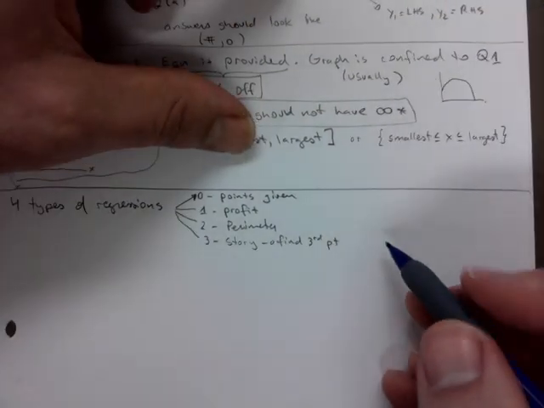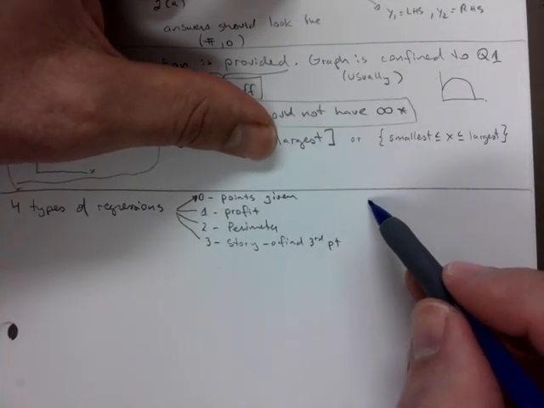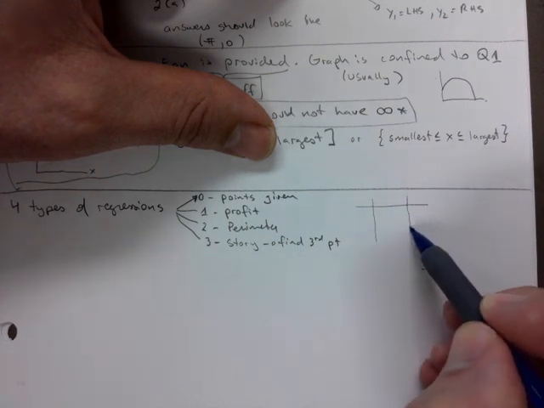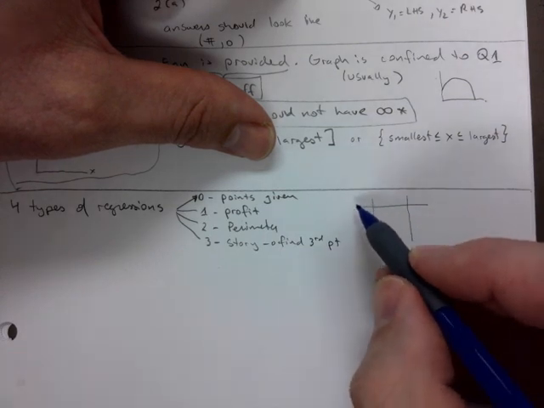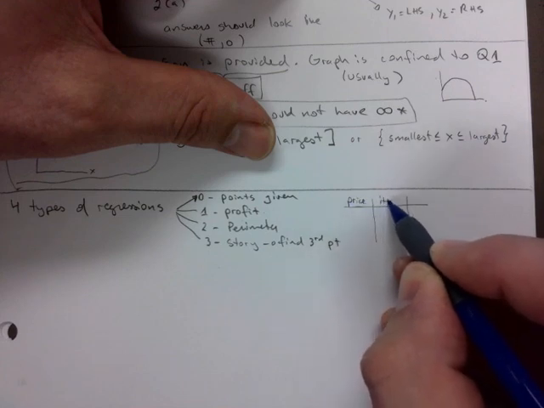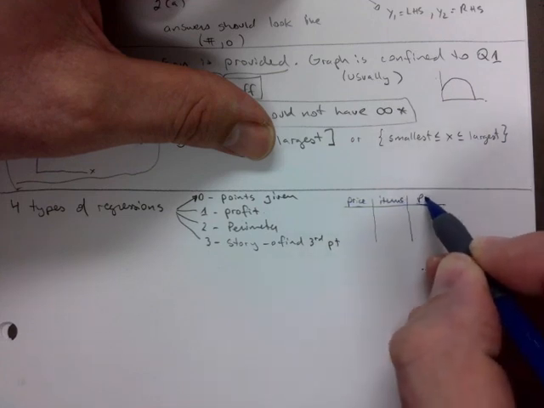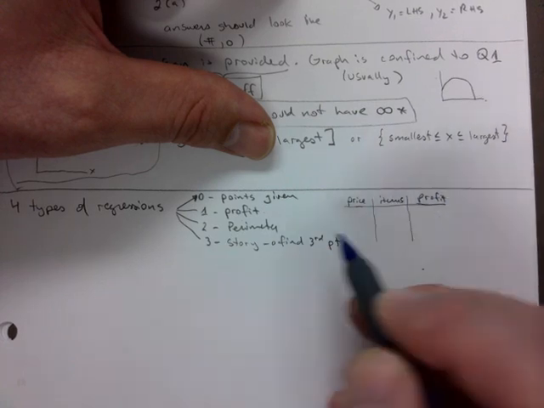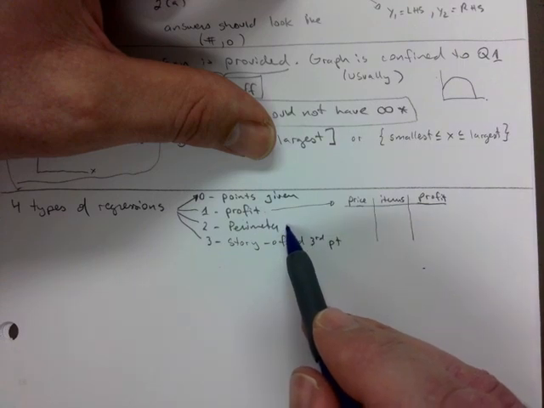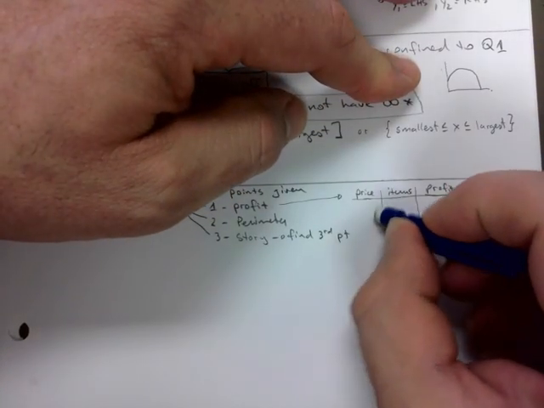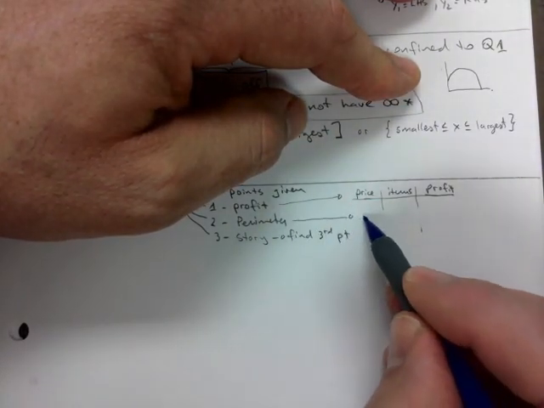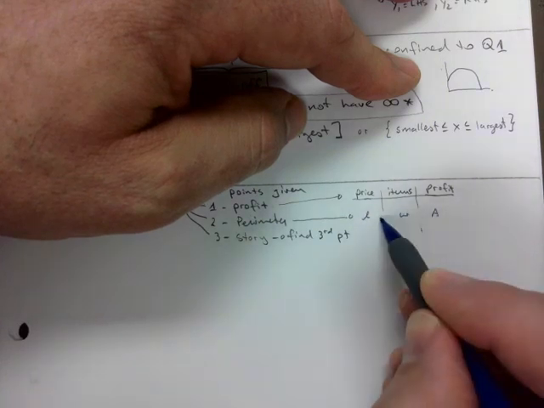Right? Essentially, with all of these, you're going to need some sort of table, right? So when it's profit, it'll be price per item, and then items, and then profit. Okay, that's for this one. For perimeter, maybe I'll make this a bit smaller. And you need 3 of them, right? For perimeter, you would go length, width, area.